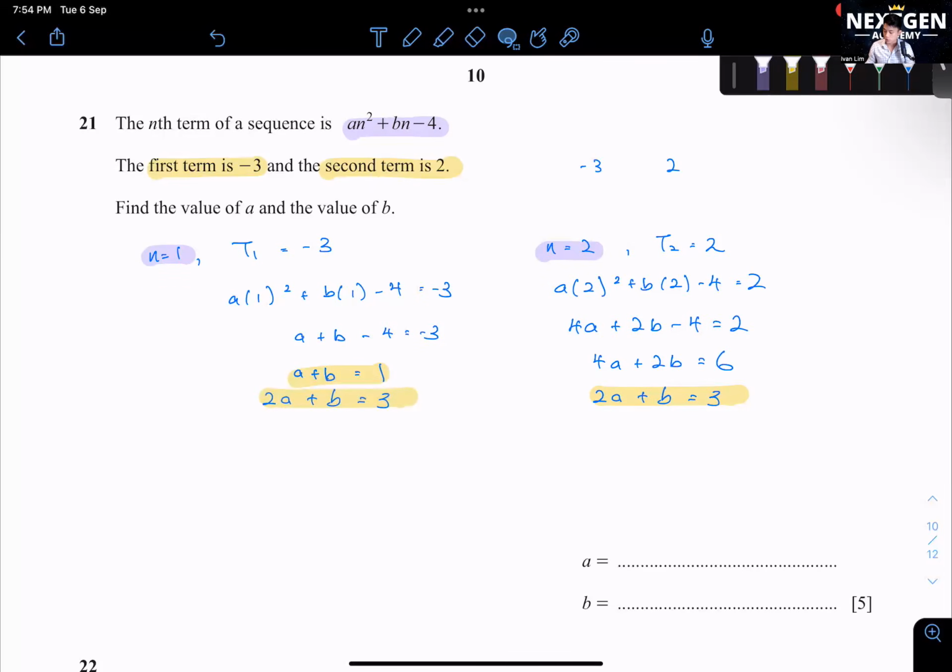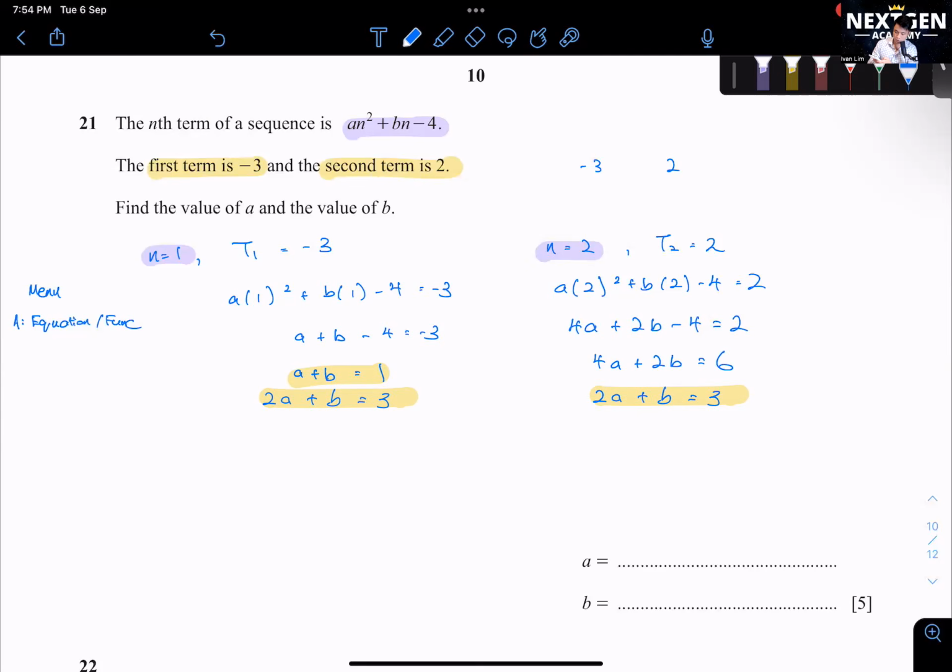But what I want you all to do is always use your calculator to check first. On the EX calculator, do you all remember how to type the simultaneous equation inside? Press menu once, then go to A, equation.